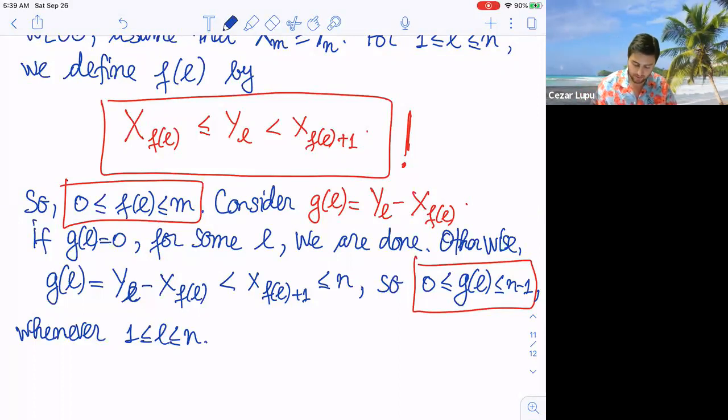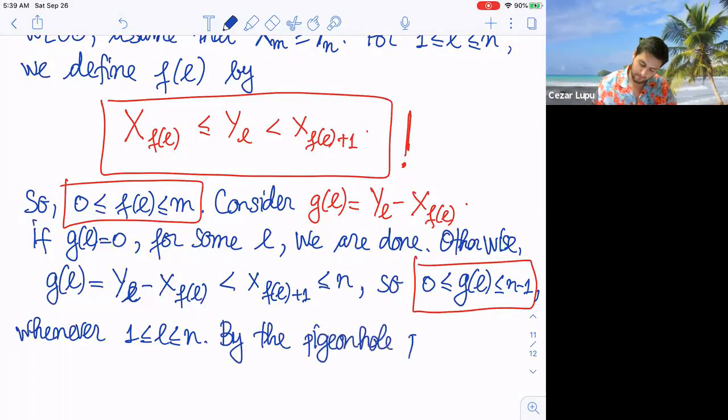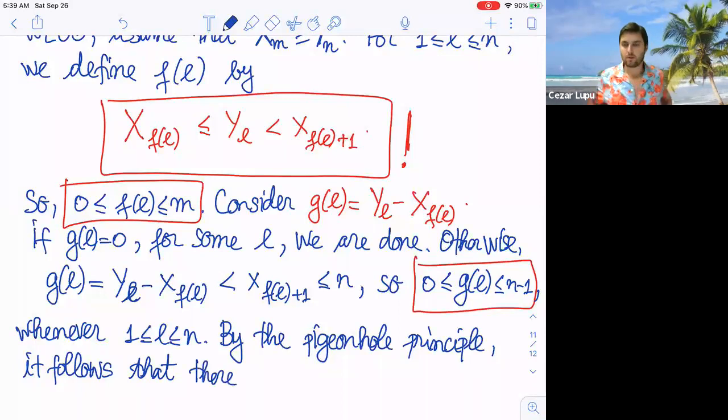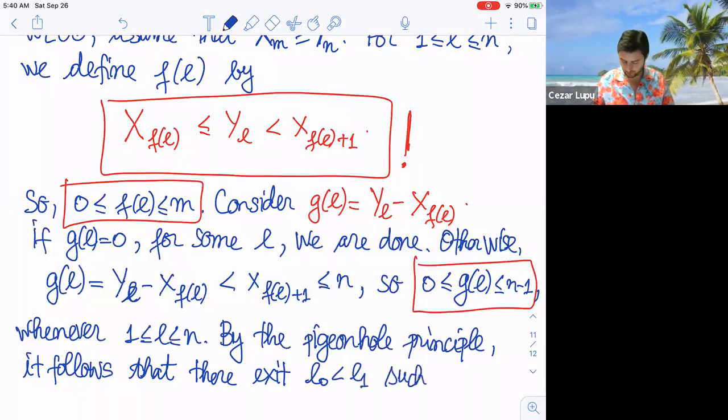So by the pigeonhole principle, it follows that there exists L0 and L1, let's say L0 less than L1, such that g of L0 is the same as g of L1.